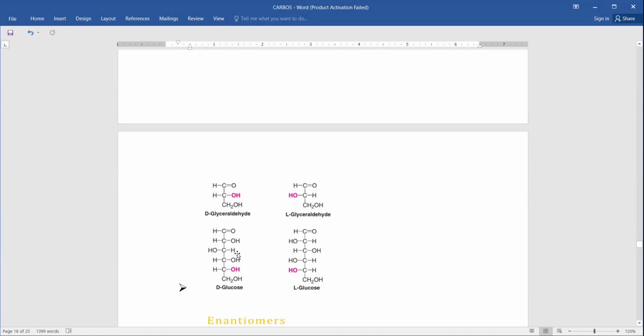Here we can see that H and the other groups are all in the same plane. But in three-dimensional space, this OH may be in a different direction, and this H may be in a different direction.